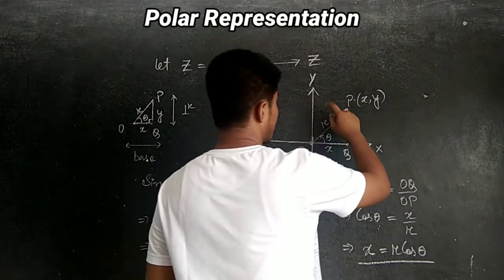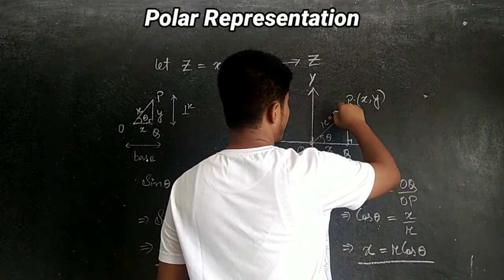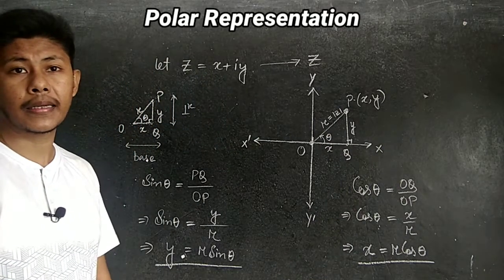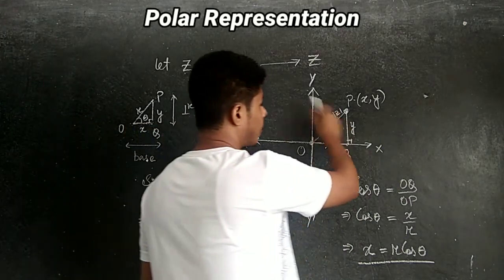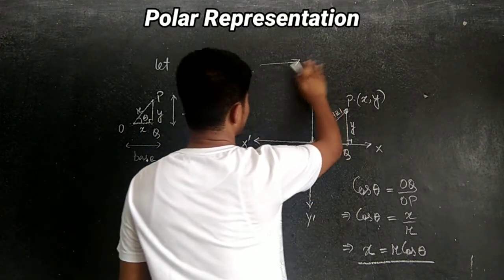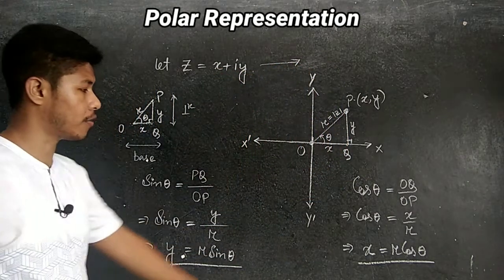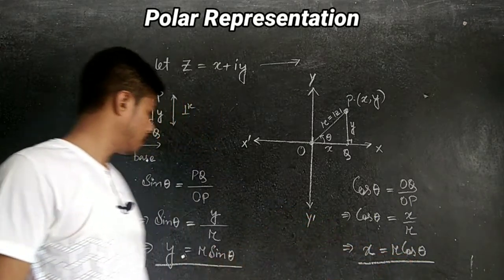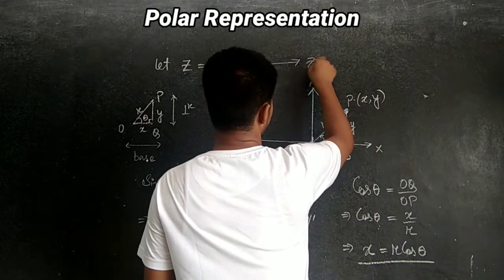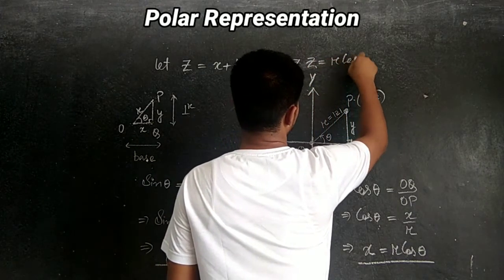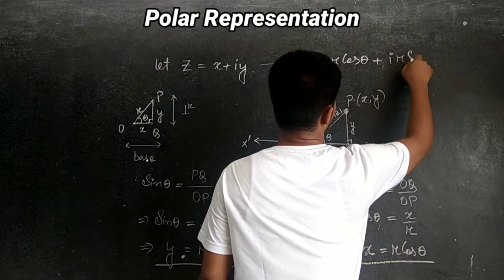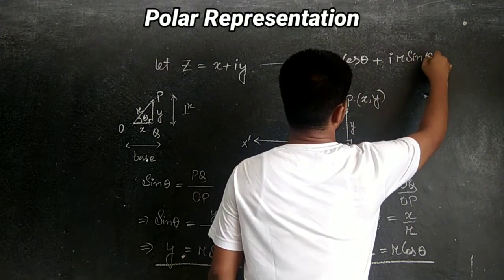So R can also be represented by modulus of z, so R equals modulus of z here. Now just see this polar form. In place of x what do you write? R cos theta, and y equals R sin theta. So z simply equals R cos theta plus i R sin theta.